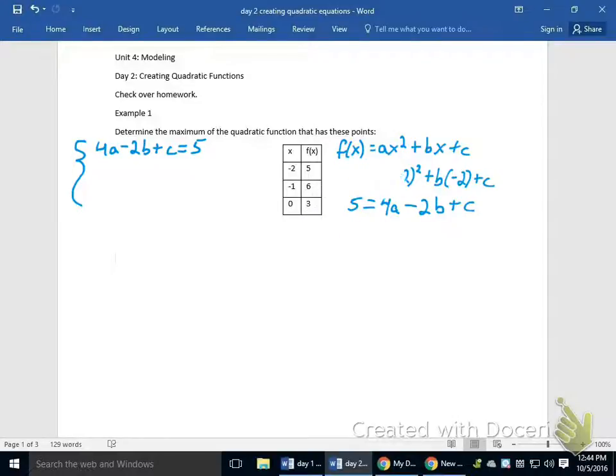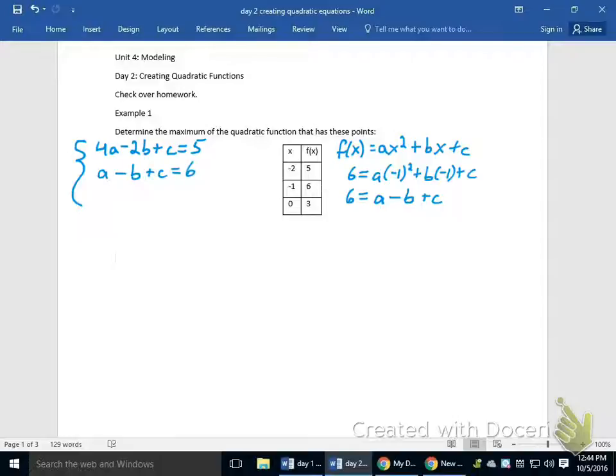Let me do the next point, negative 1, 6. So 6 equals a times negative 1 squared plus b times negative 1 plus c. I'm going to have 6 equals 1a after I square the negative 1, minus b plus c. It's my second equation: a minus b plus c equals 6.